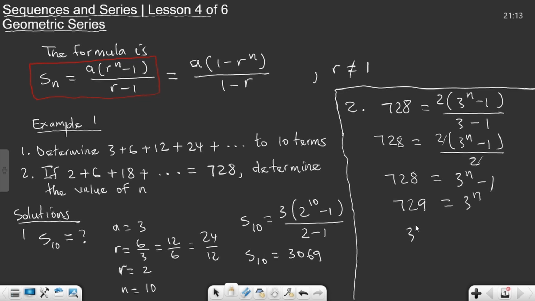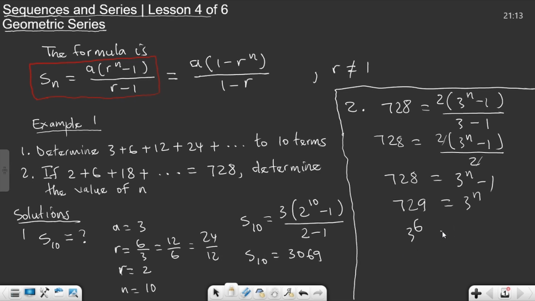You can start by raising it to the power of 3, you'll get 27, and then try to raise it to the power of 4 and see what you have. If you don't get 729, continue to the power of 5, the power of 6, the power of 7 until you get 729. So it should be to the power of 6. If you check with your calculator, this is what you should get.